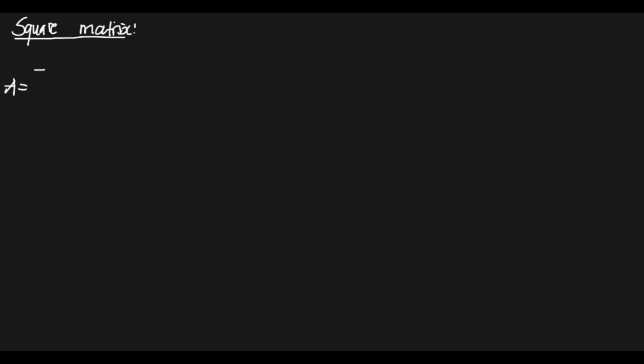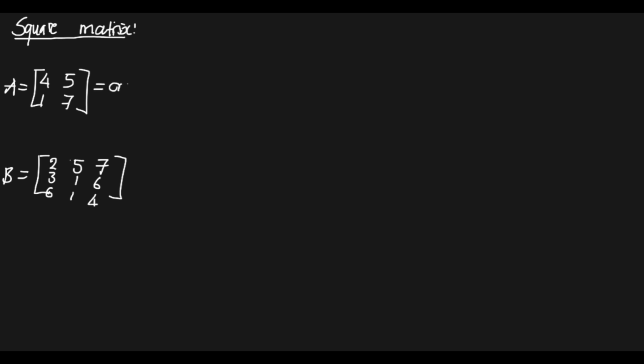For example, if we were to give the order of matrix A, we can see that this is a 2 by 2 matrix.